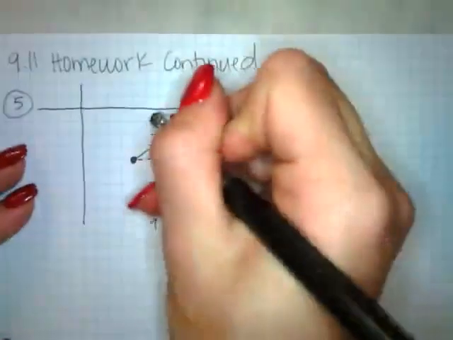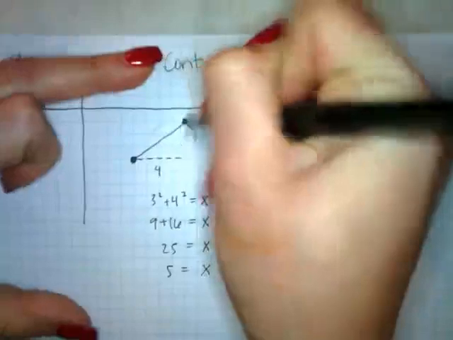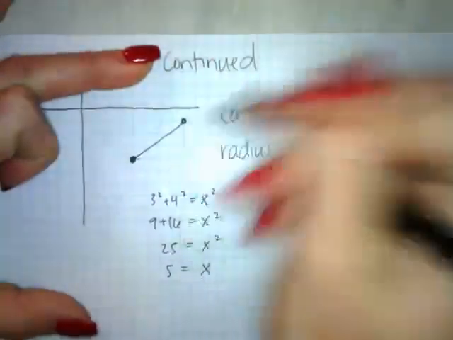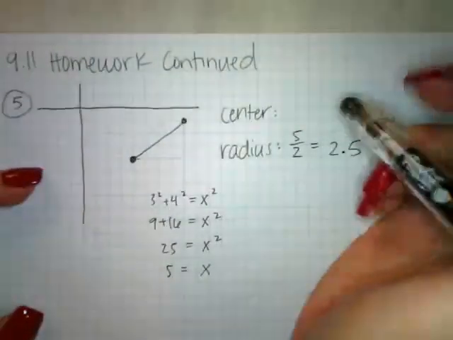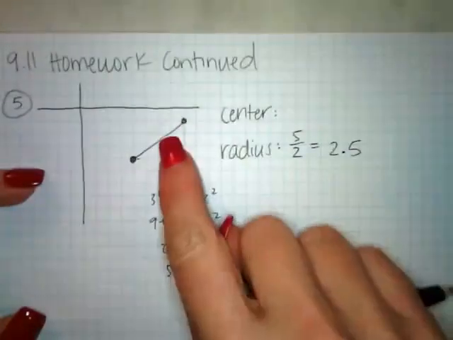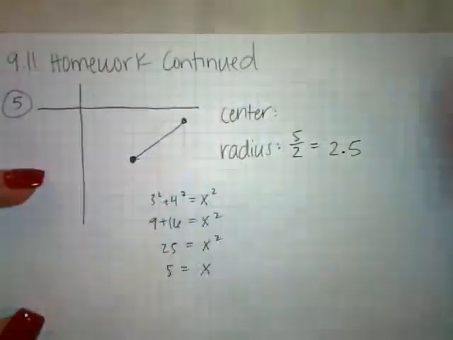Now that we have the radius, the last thing we're looking to find is the center. I'm going to go ahead and erase this scratch work, and then I'll talk you through how to calculate the center. Well, the center of the circle is going to be located directly in the middle of the diameter. We have already learned an equation in geometry to find the middle of a segment: the midpoint formula.